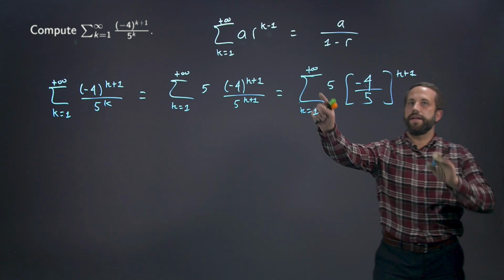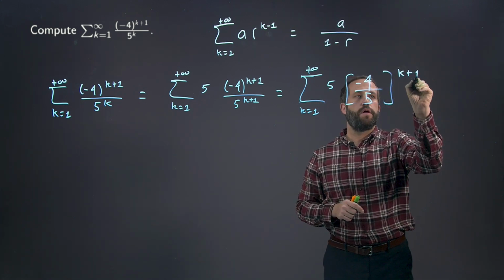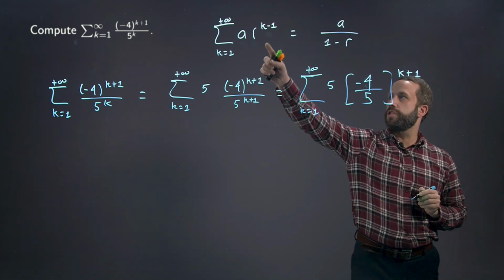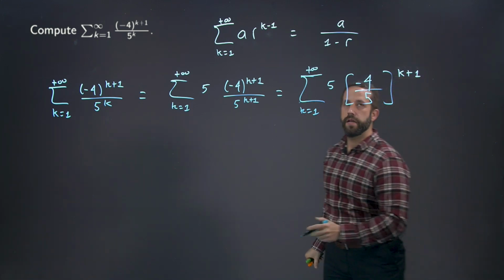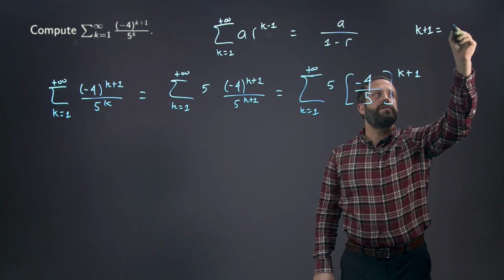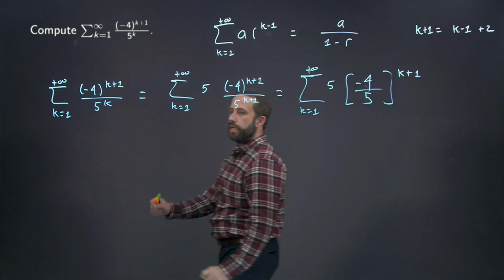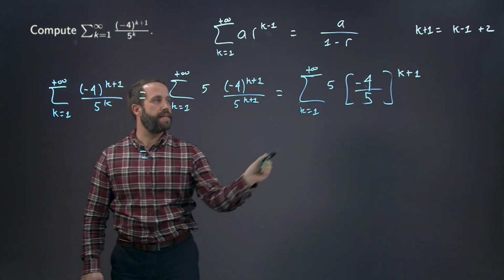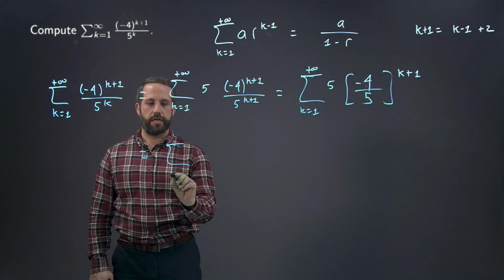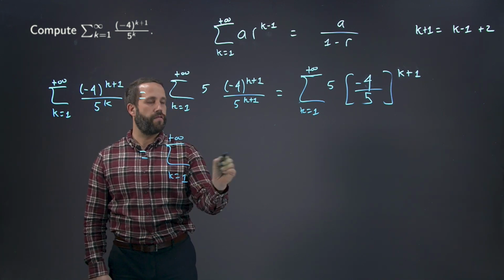OK, but this is k plus 1, but to use this formula, I need to have a k minus 1. So I'm going to use this fact, k plus 1 is equal to k minus 1 plus 2. And so this is going to be the sum, k equals 1 to infinity.